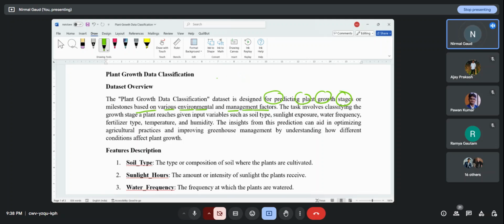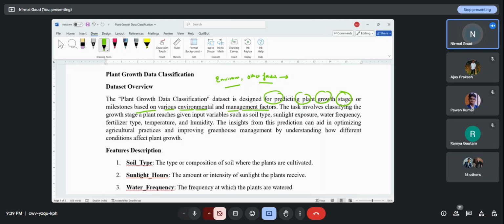We have environment details along with other factors too, and we need to identify whether, with these environment and other factors given to the plant, what happens to the growth of it.